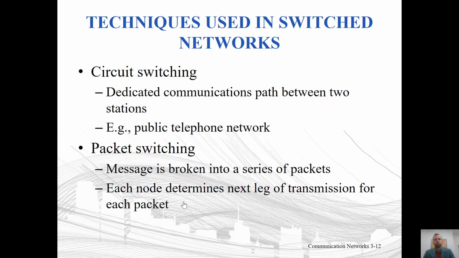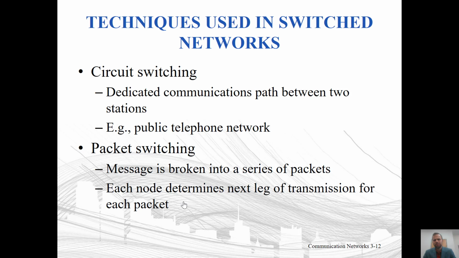All right, so what are some techniques used in switched networks? These two key techniques are really what you're going to see in switched networks: circuit switching and packet switching. With circuit switching, the key is that there's dedicated communications infrastructure between the two stations.